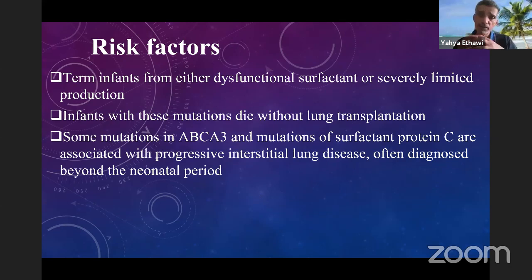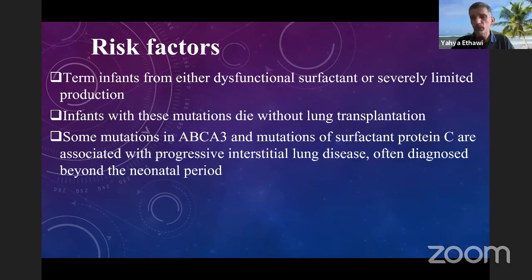If you have an RDS in a term baby, it's either due to dysfunctional surfactant or there's severe limitation of production or inactivation of surfactant, such as in meconium aspiration. Other type of surfactant deficiency in term babies are a mutation of genes responsible for protein.